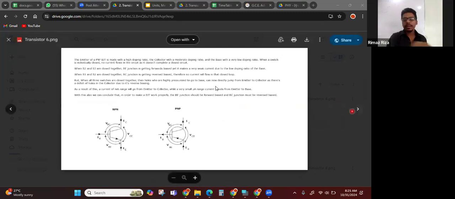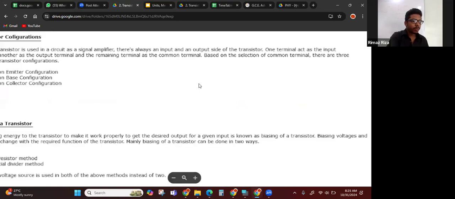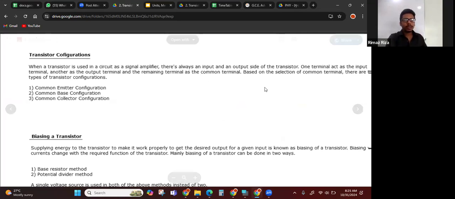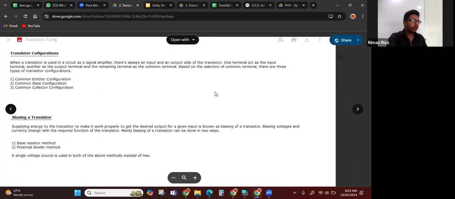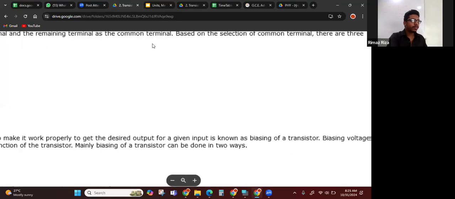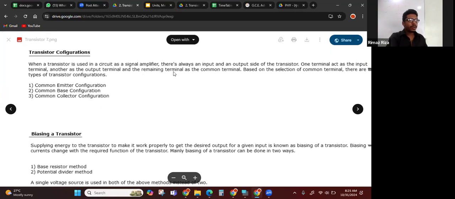Okay, so there are three configurations of a transistor. When a transistor is used in a circuit as a signal amplifier, there is always an input and output side of the transistor. One terminal acts as an input terminal, another acts as an output terminal, and the remaining terminal as the common terminal.